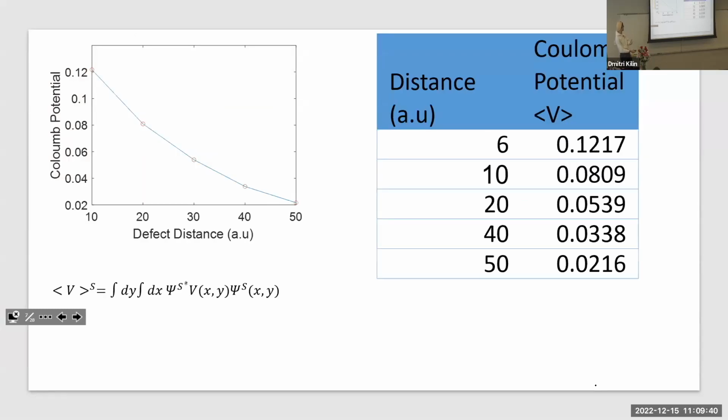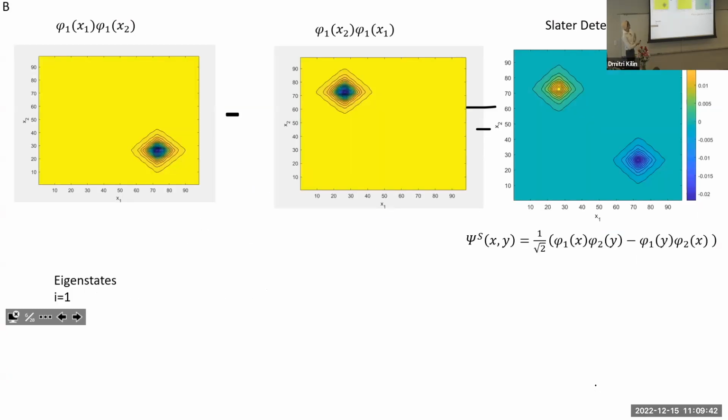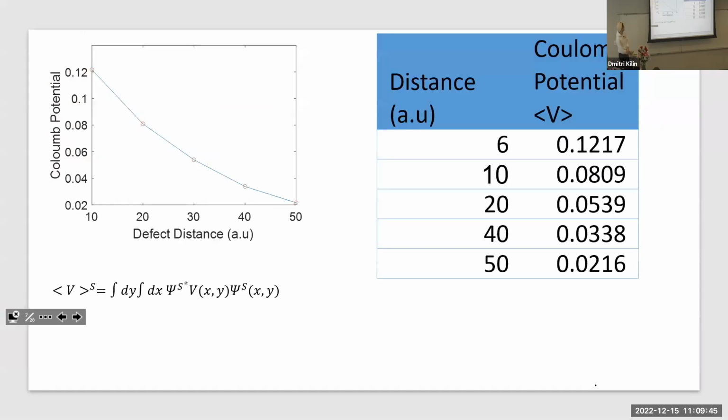So getting into the results based on what our Slater determinant shows: as the defect distance increases, our Coulomb potential, shown by the equation right below the graph, decreases. These are the same, just one visualizes it a bit better.